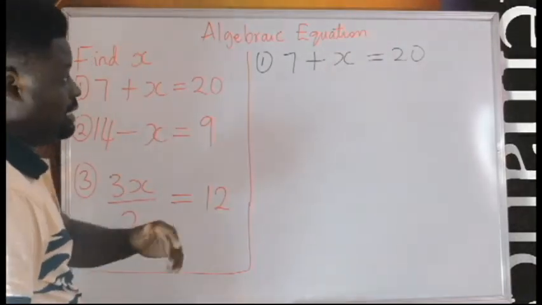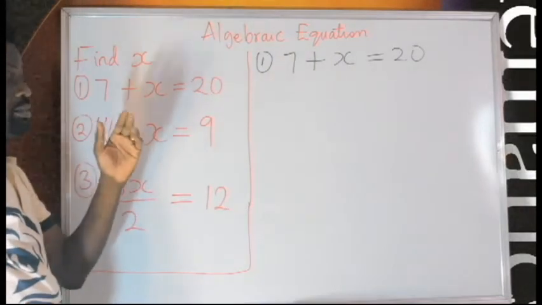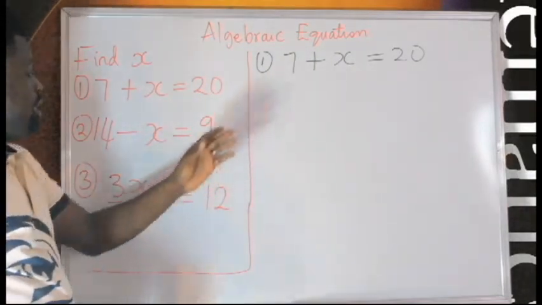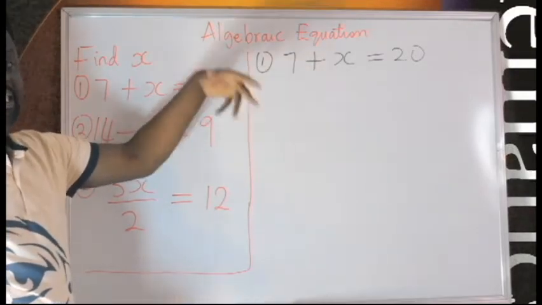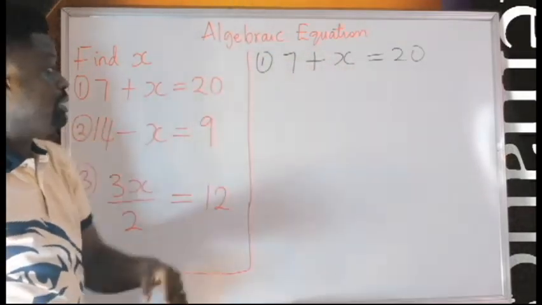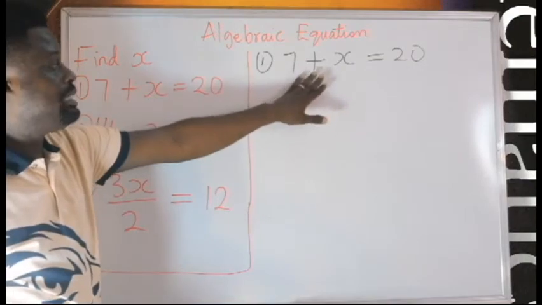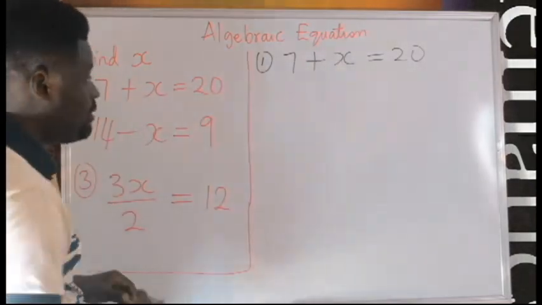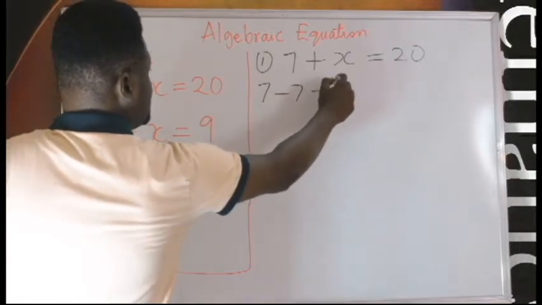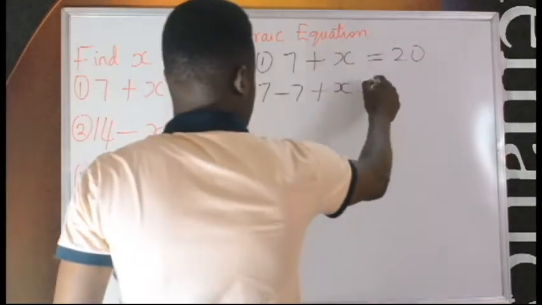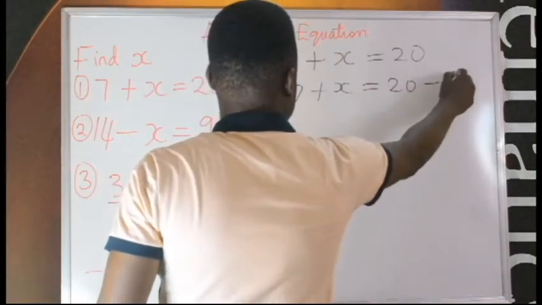In our last lesson, this is plus 7, so we have to subtract 7 from both sides for x to be alone. We always focus on the side that has x. So we have 7 minus 7 plus x equals 20 minus 7.